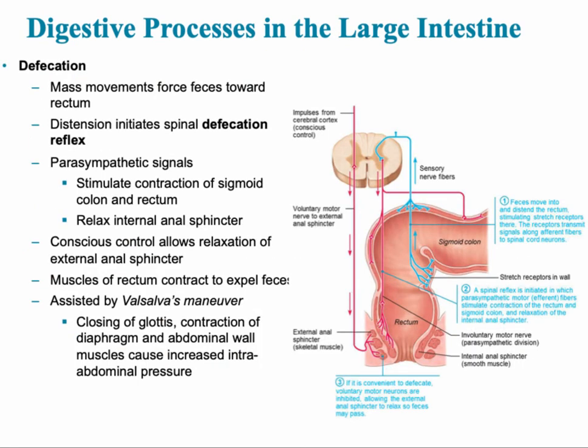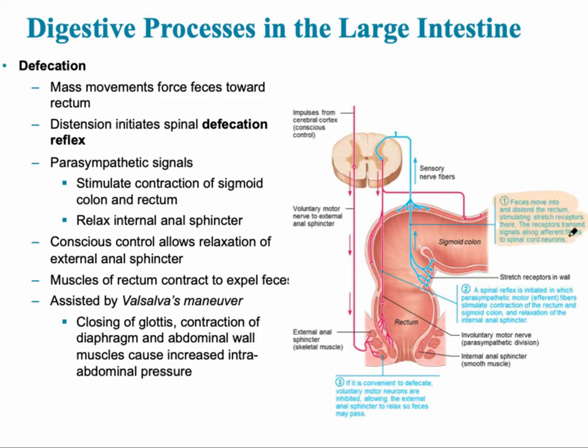Our next slide is showing the different sphincters and their control during defecation. So during defecation, nerves from the sacral region of the spinal cord are first triggered by the presence of feces in the rectum.